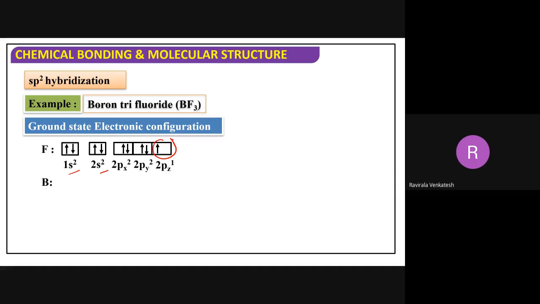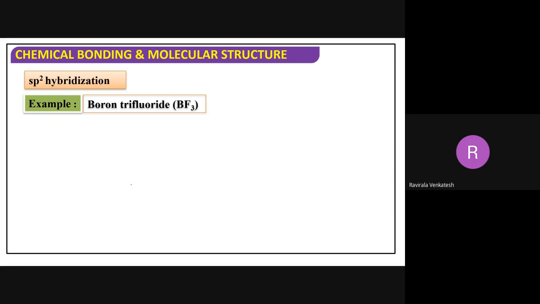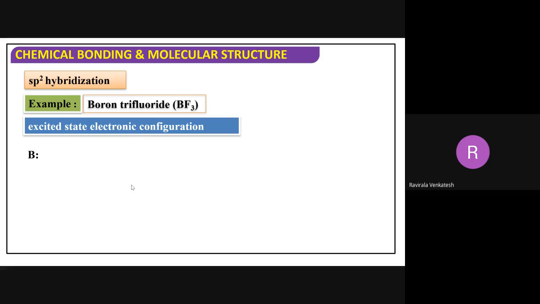Next, go for boron: 1s2, 2s2, 2p1. Now you excite this electron and put it over here like this. Now we get the excited configuration.